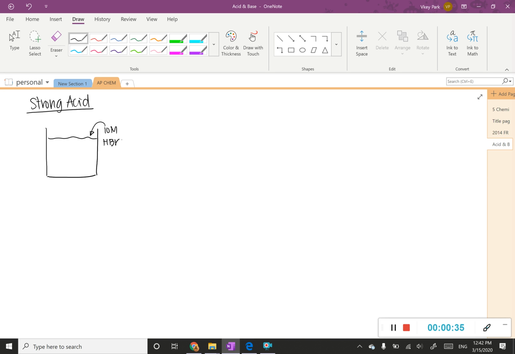What happens is the second these strong, quote unquote, acid couples hit water, they start to completely ionize. So all 10 of them are going to completely ionize and split apart. I don't think I have enough space to draw all 10 of them.